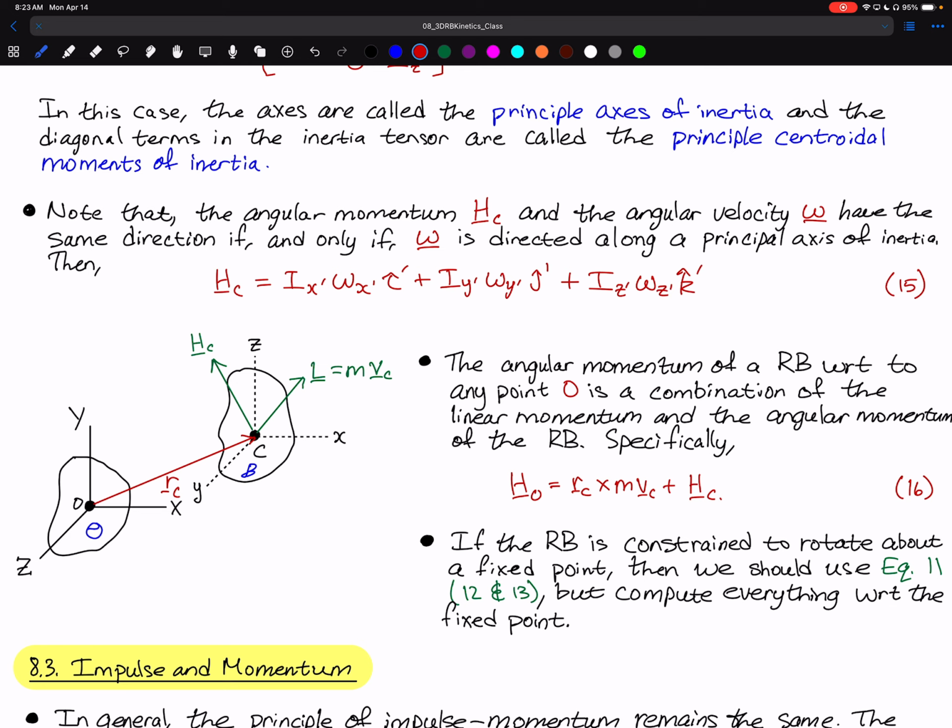So if the rigid body is constrained to rotate about some fixed point, then in general we're going to want to use our equations 12 and 13, but we're going to compute everything about that fixed point rather than the center of mass. So that's a higher extension of what we did with the parallel axis theorem.